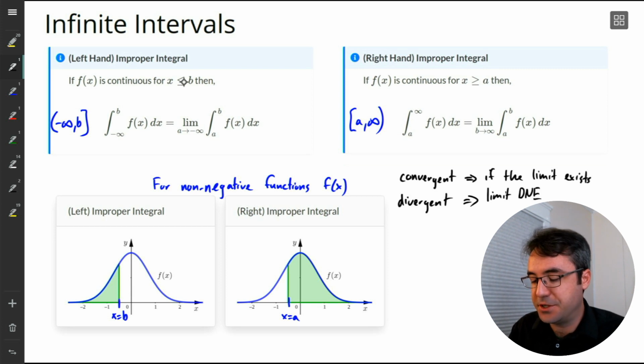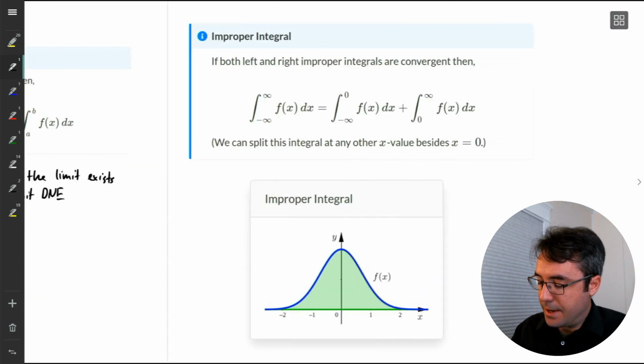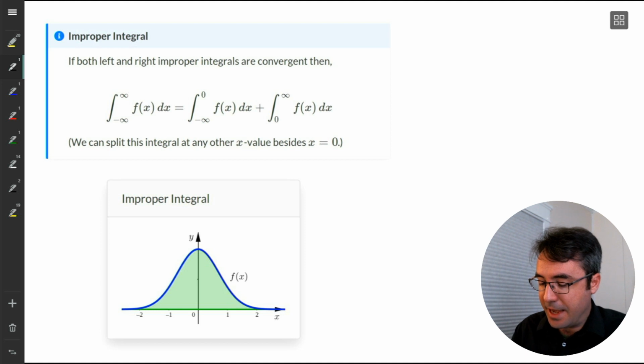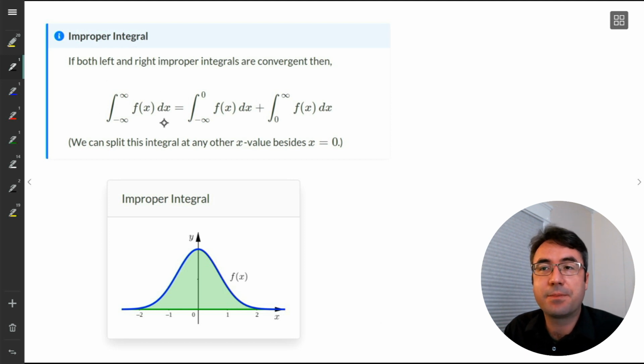All right, so we have this new left-hand improper integral, but we're going to calculate things very similar to how we did with the right hand. Now we can go in both directions. We can extend infinitely far to the left and infinitely far to the right, and we get this new improper integral, which we're going to define right here.